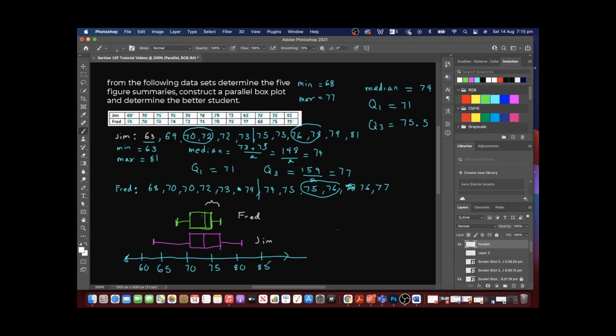So even though he didn't have the highest scores, he was much more consistent. You can see his range is much smaller. A larger percentage of his scores are above 74, which is quite good.